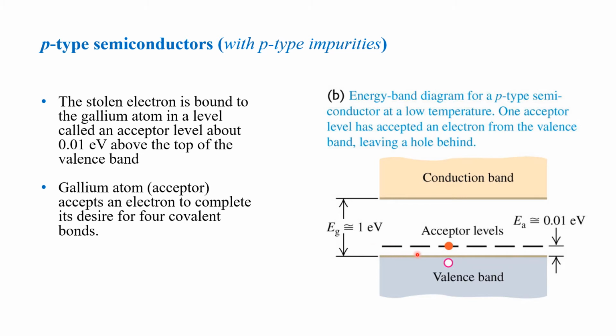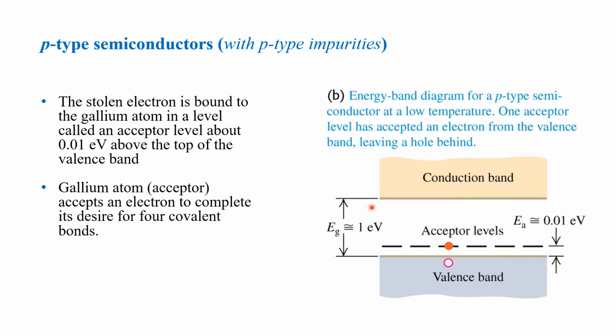Earlier in your n-type semiconductor, your donor level is just below your conduction band. In your p-type semiconductor, the acceptor level is 0.01 electron volt above your valence band. Gallium atom, which is an acceptor, accepts an electron to complete its desire for four covalent bonds.